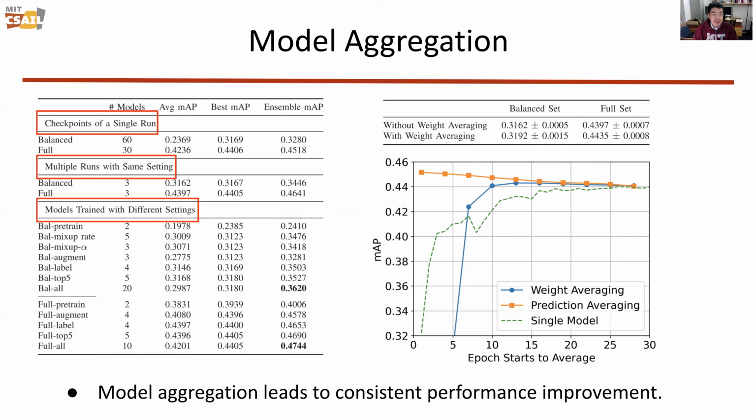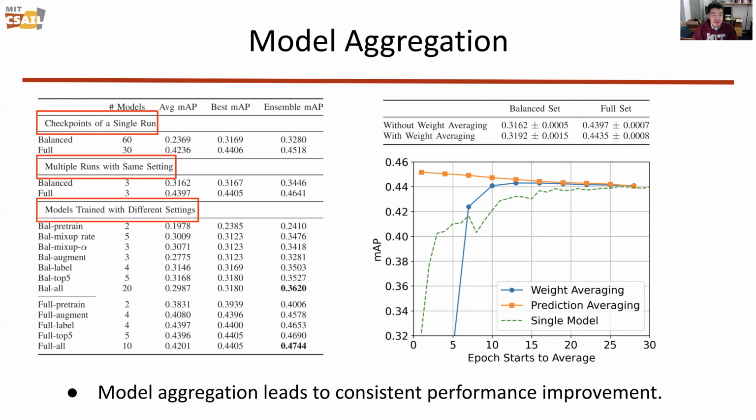The second ensemble method we tested is multi-run with the same setting. Namely, we run the experiment 3 times with different random seeds, but using exactly the same setting, and then we ensemble the final model of each run. We see that we get more performance improvement with fewer ensemble models.